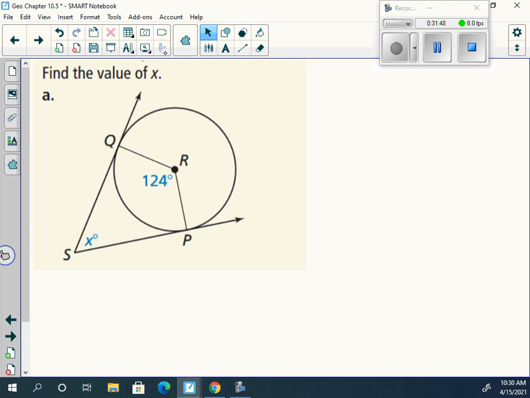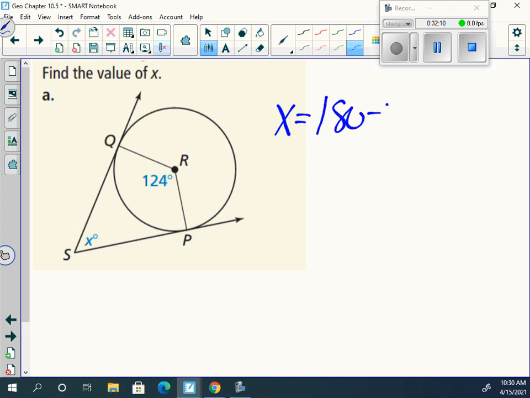All right, let's look at this one here. We want to find the measure of angle x, and they gave us the central angle of 124 degrees. So, x would be equal to what? 180 minus 124, because again, those two angles have to add together to be 180.